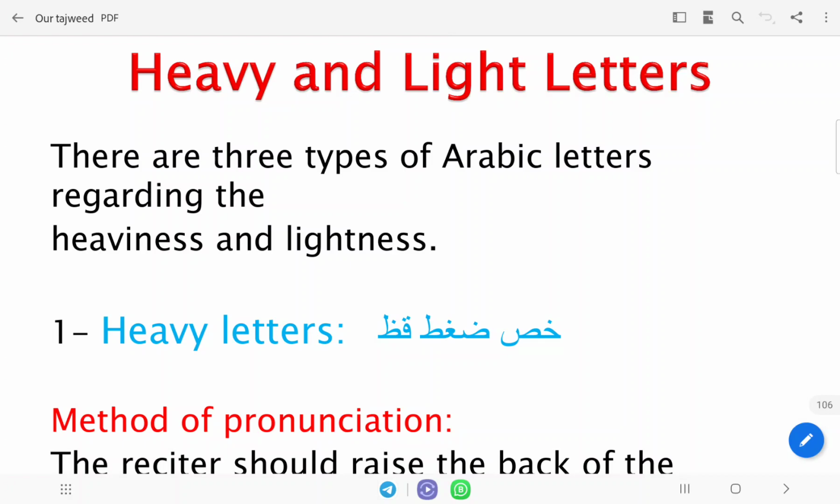The heavy letters are combined in these words, which is called خص ضغط قذ.